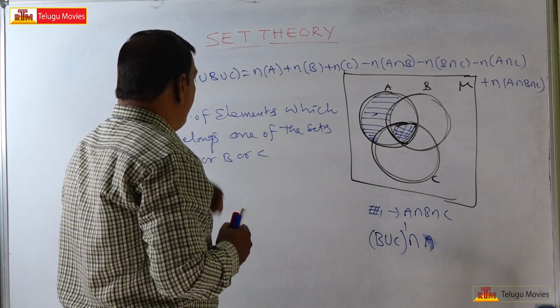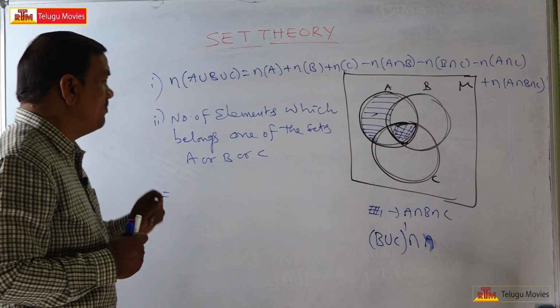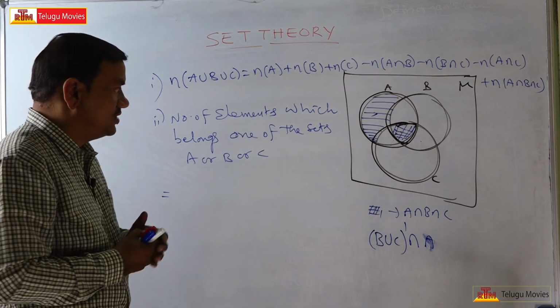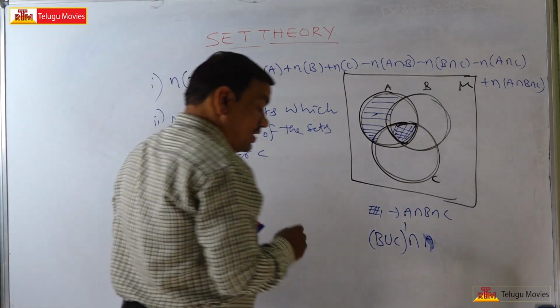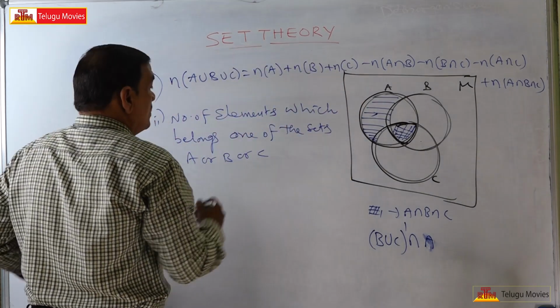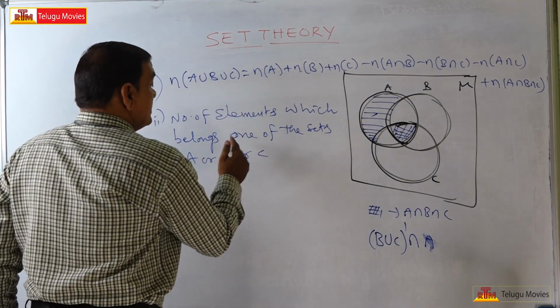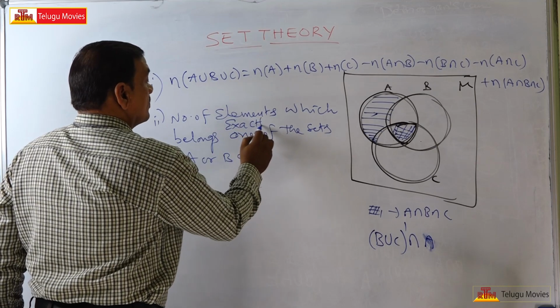Okay. So the number of elements which belongs to one of the sets, either A or B or C, it is given by the formula for exactly one of the sets.